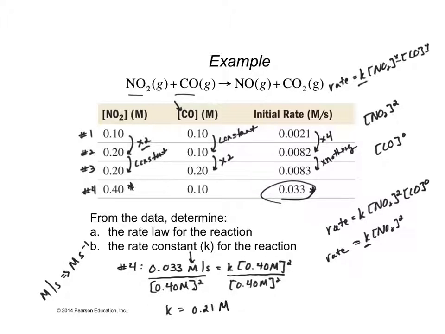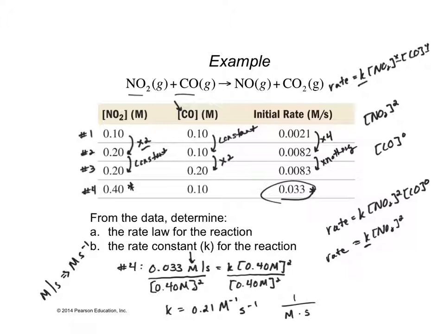I'm going to have 1 M left, but it's going to be in the denominator, right? So this would be M to the -1, and I still have that s to the -1, okay? So the units here would be inverse molar, inverse seconds. Another way, again, to write that would be 1 over M times s, okay? So units are important with respect to rate constants, I promise.